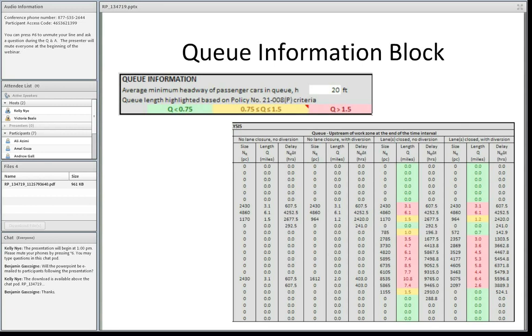In the yellow zone, that's kind of a judgment call, where if that queue is sitting between 0.75 and 1.5, the duration that that queue is occurring needs to be evaluated. And if the queue is more than 1.5 miles, then that is not acceptable for any period of time.